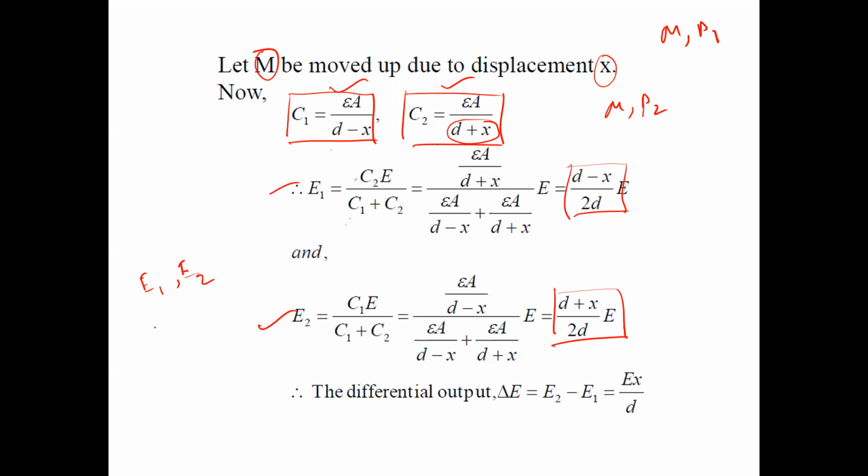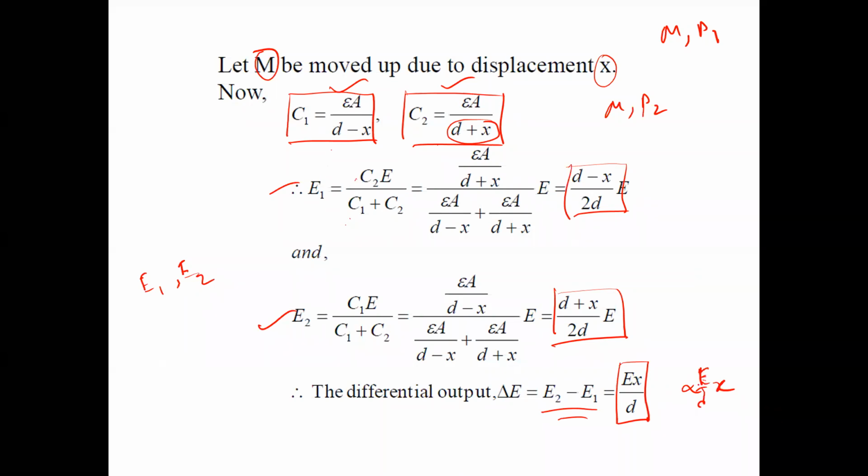Now from here, if we take the differential output in the form of E2 minus E1, that will give us this relation where the differential output delta E is proportional to the displacement x, because both E and d can be considered fixed for a particular arrangement.